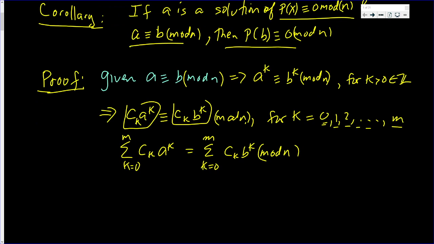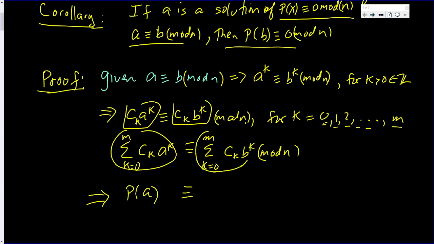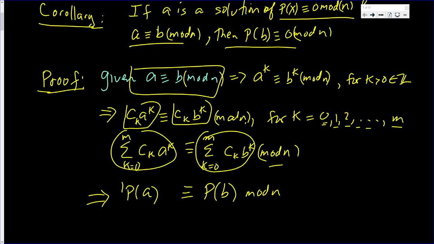But this here is nothing more than p of a, and this here is nothing more than p of b. So it does turn out that if a is congruent to b mod n, then p of a and p of b are also congruent with respect to the same n.